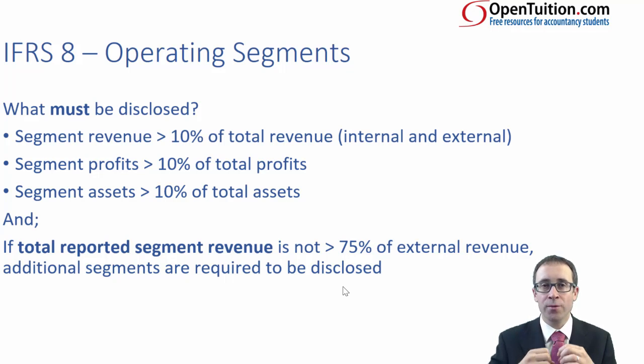It's just ensuring that we disclose enough of our external revenue within the disclosure note to be useful to the users of the accounts. Okay, because external revenue is where we don't have so much control over that revenue, do we? Internal revenue, we do, because we control the subsidiary and can therefore control the revenue and the sales that take place between them. Okay, there's just an override rule that we need to disclose 75% of our external revenues by segments.